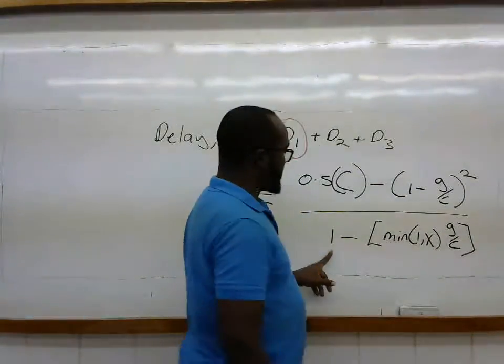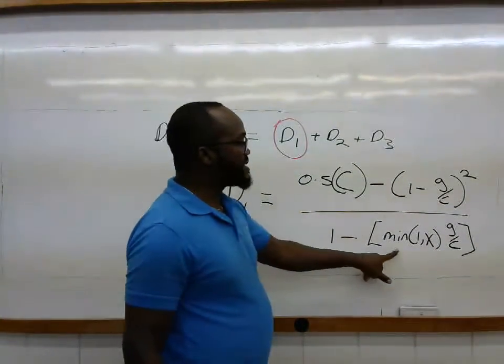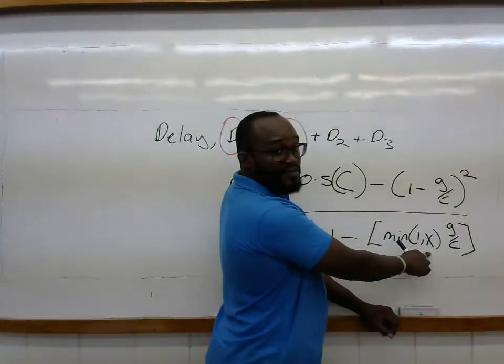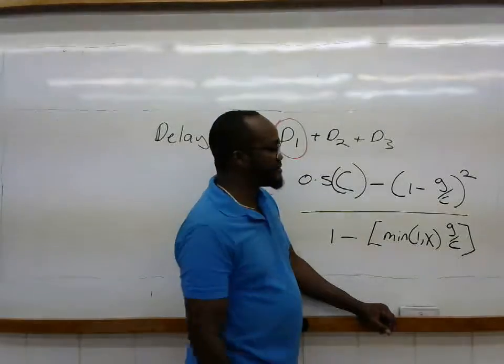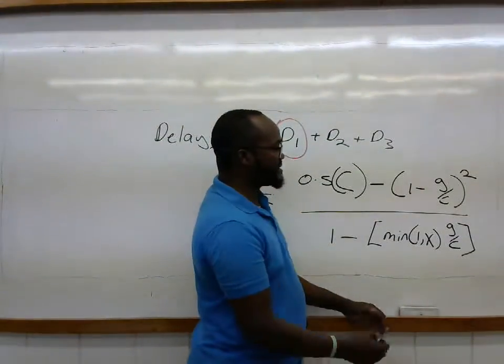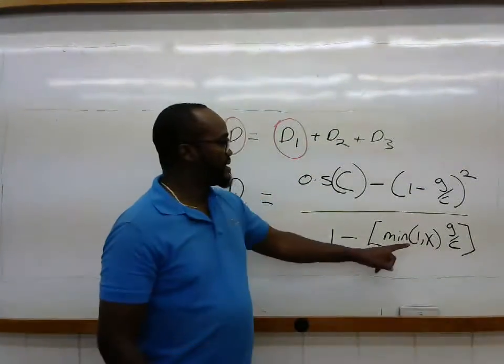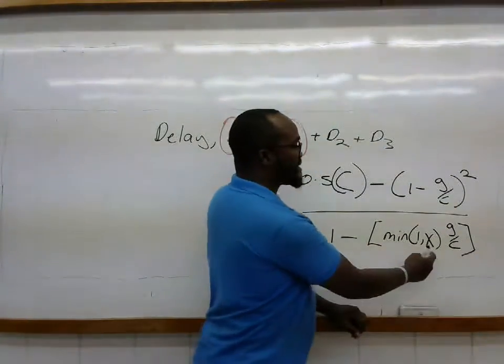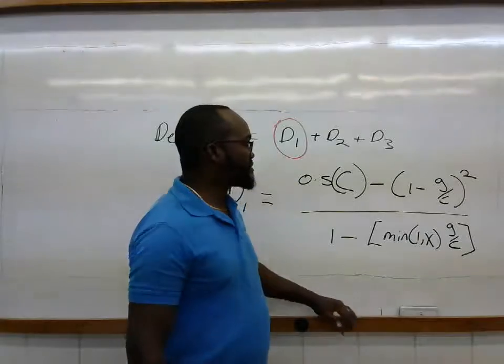This is then divided by 1 minus the minimum of what we call the V upon C ratio, or volume to capacity ratio, which is given as V upon C. Again, the volumes that you would have computed in a particular direction divided by the capacity, which you will work out subsequently.